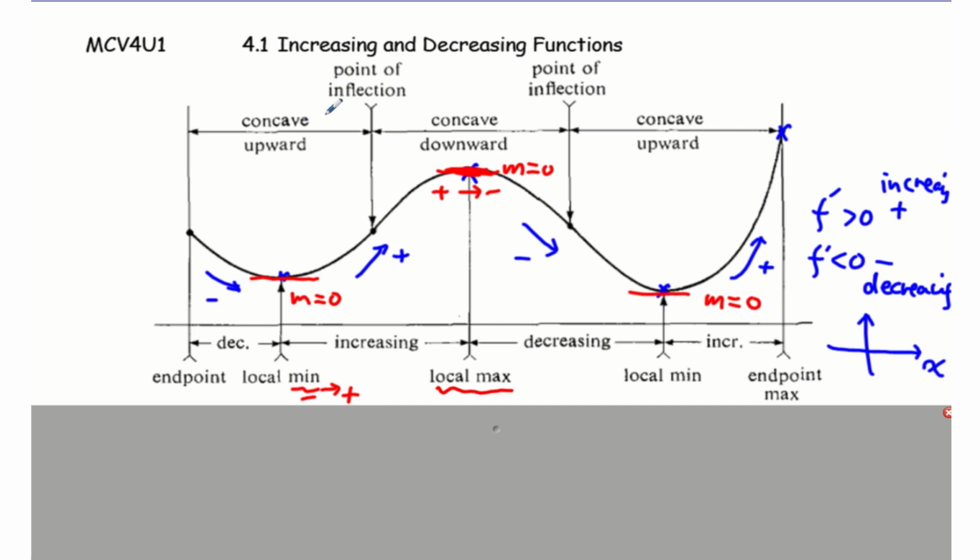For concave up or concave down, we are going to learn this in 4.3 or 4.4. Concave up is like holding your hands here, with your palm up. If you hold your hands here, your palm will be down, so concave down.